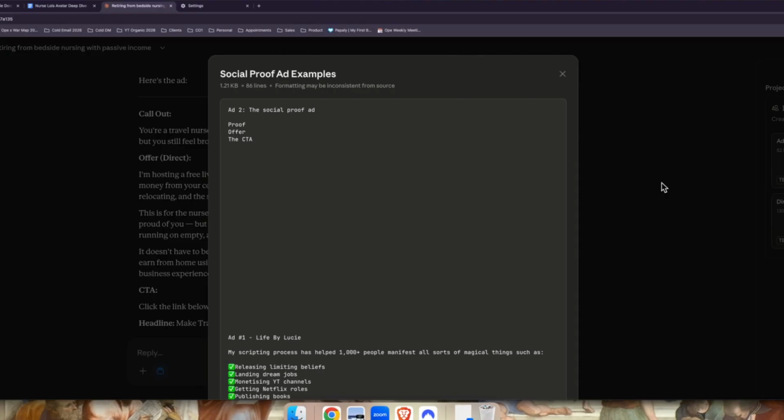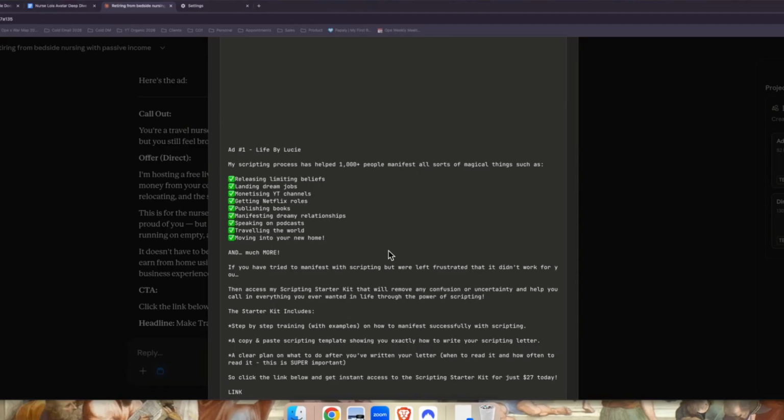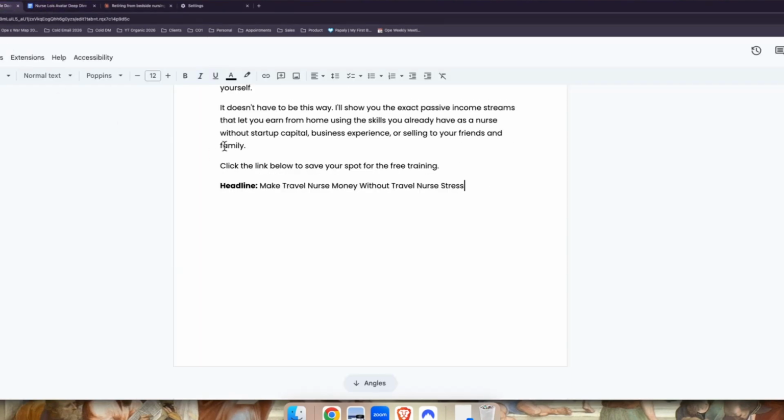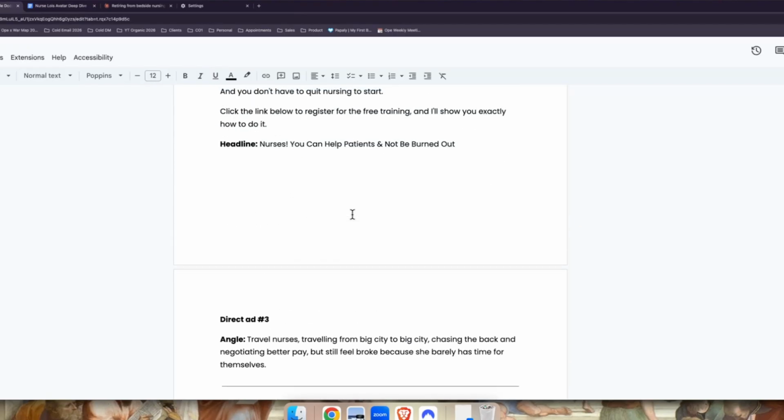So in like 15 minutes, you can basically write one ad and then you go to the next one and the next one and so on and so forth. The social proof ad is basically a direct ad that starts with a social proof. One very easy way to write a social proof ad is to just copy and paste the same direct ad that you have here and have social proof start the ad.